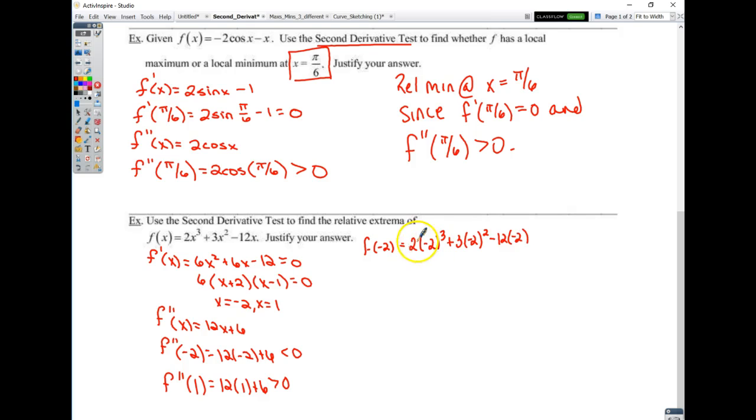So this is 2, 4, 8. This is negative 16. This is positive 12. This is positive 24. 12 plus 24 is 36, minus 16 is 20.